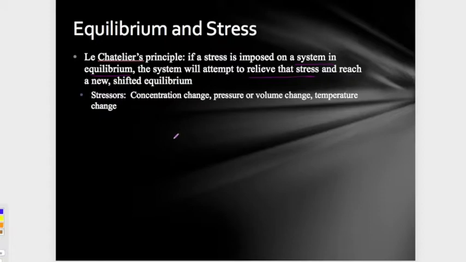So the idea is that we have something at equilibrium. We apply a stressor to that. We stress the system. When you add stress to the system, the equilibrium will shift. We are no longer at equilibrium.